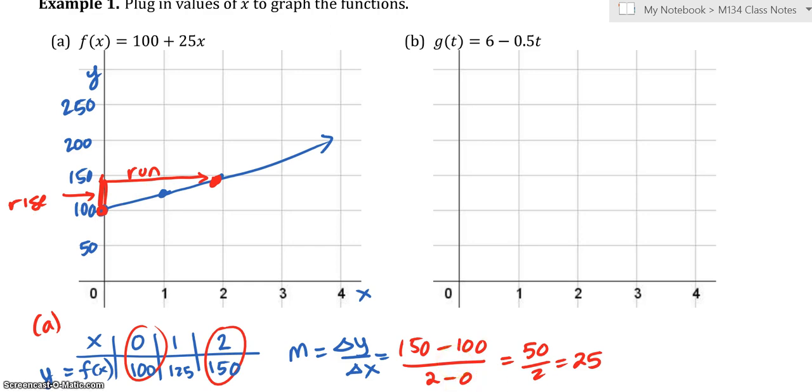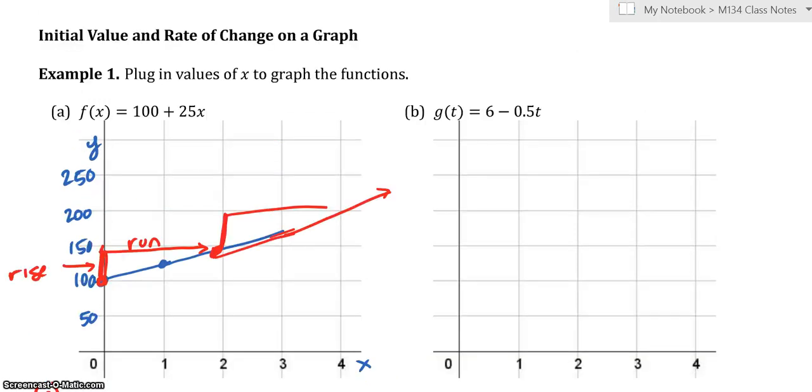And you can see, if you have a line, I've mentioned this before, I bet this point is right here, because if you do it again, rise up 50, run 2, you should not get a curve. Now, if you rose up 100 and went over 2, then it would end up being a curve. But since this is a line, the slope, which is what we're going to call it, or that rate of change, will be the same.